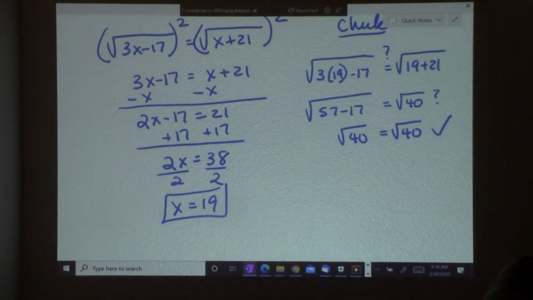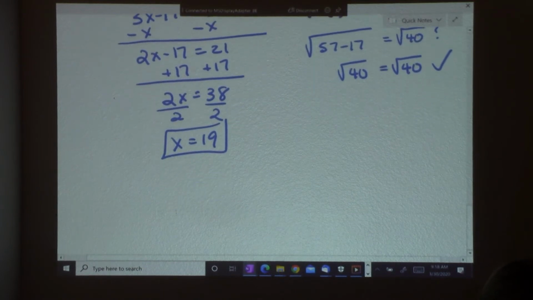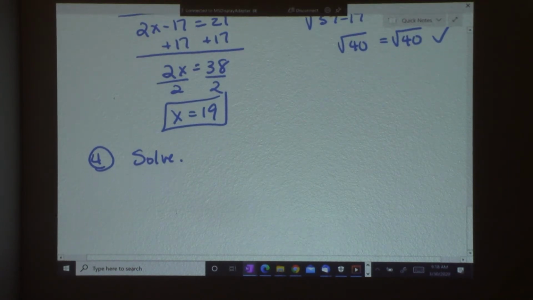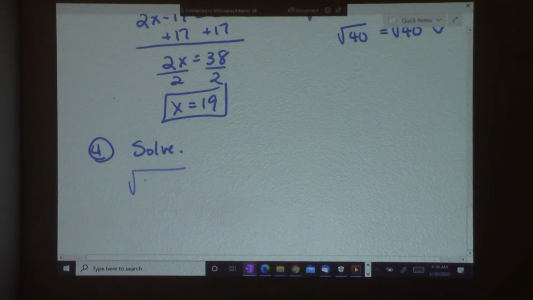All right, let's do number 4. Solve the square root of 6 minus x equals x. All right, so let's square both sides just like we've been doing.